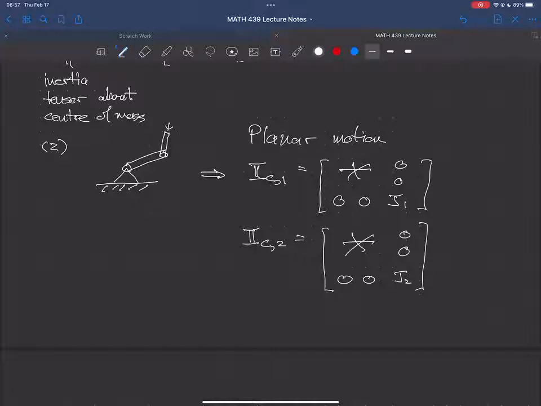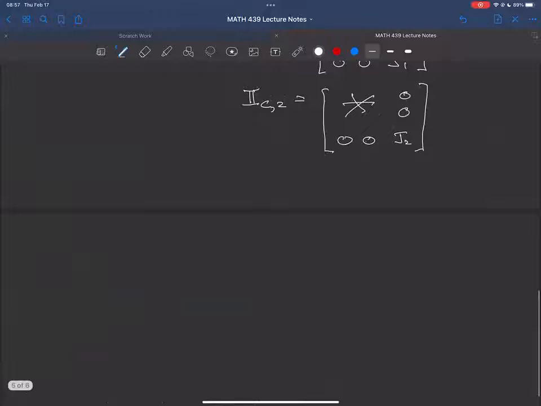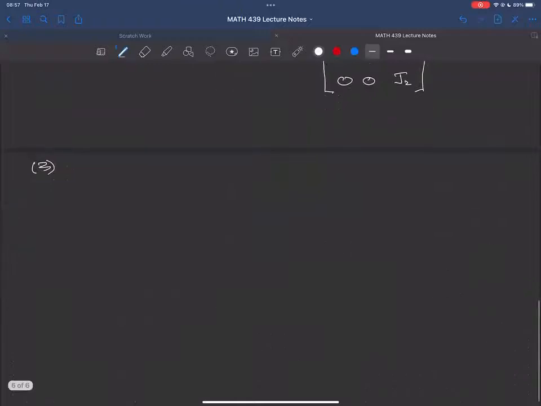Okay. All right. Now let's look at this other example that we looked at, but we haven't looked at it for a while. This example of a rolling disk. Okay, so it's a nice example where we can calculate its inertia tensor.